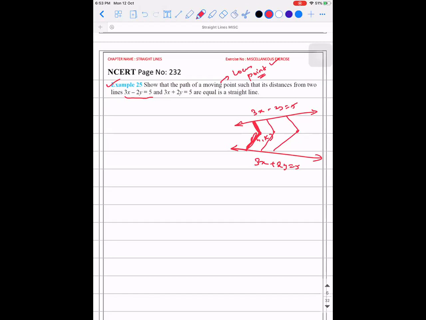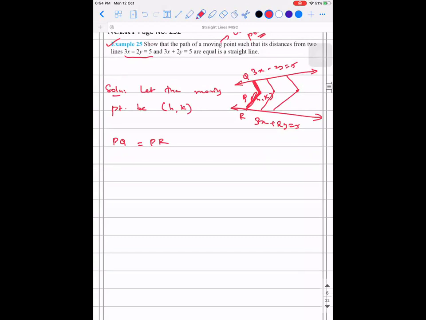So let the moving point be h comma k. How is h comma k moving? If this is taken as P, this is Q, R. The point h comma k is moving in such a way that PQ is equal to PR. So what is the value of PQ? Distance from a point to a line.